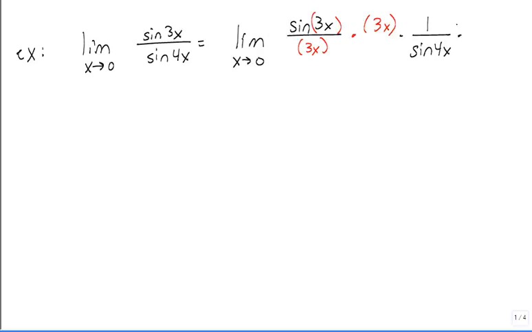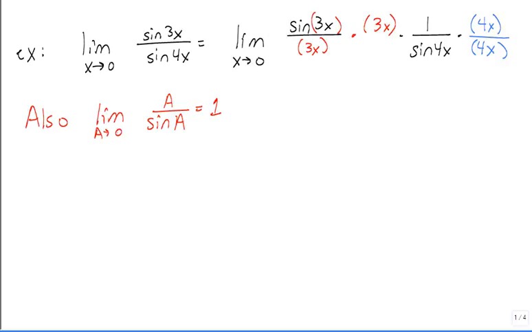I need a 4x in the numerator, and then I divide by 4x to get rid of it. So we can show that the limit of a over sine a is also 1. It doesn't matter where the sine is, numerator or denominator. So this is also an important fact you're going to use here.